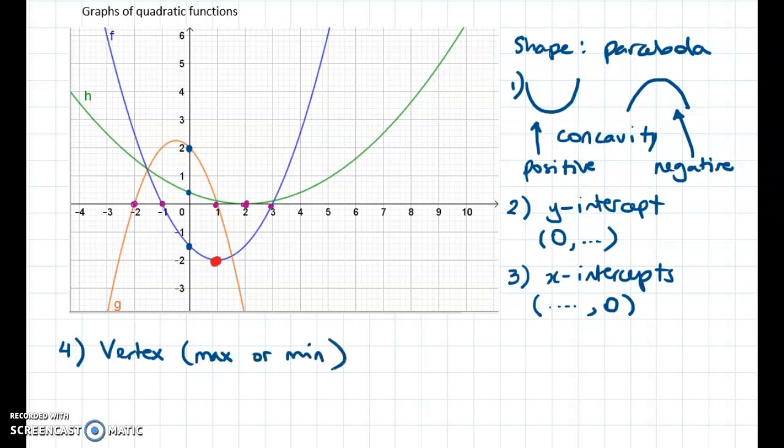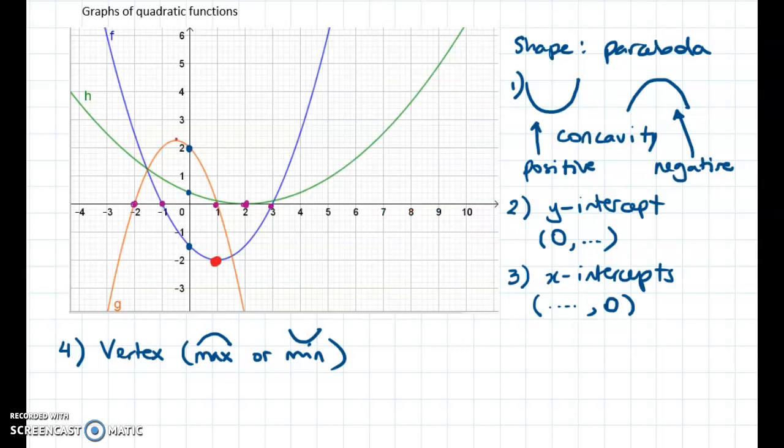If the function has negative concavity, then it's a maximum, and if the function has positive concavity, then it's the minimum. I'm going to add that to the picture also for the other two functions we have.